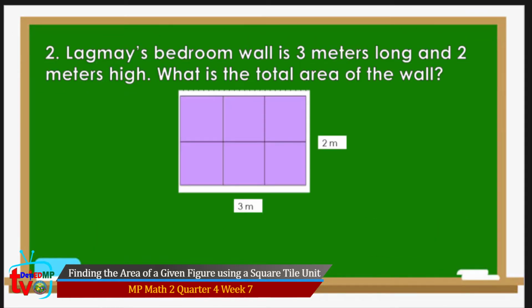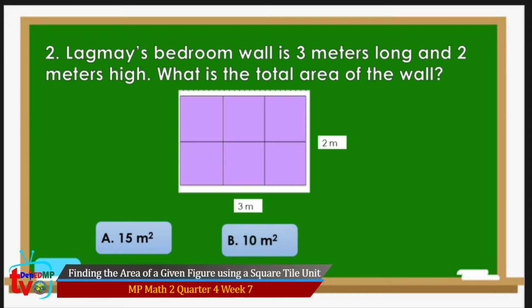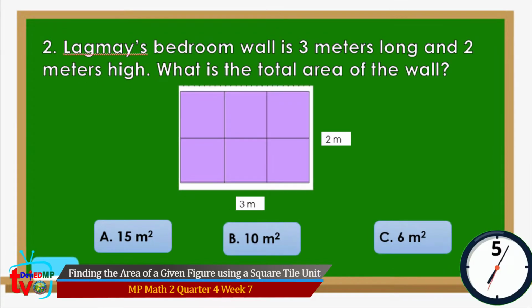Number 2. Lagmay's bedroom wall is 3 meters long and 2 meters high. What is the total area of the wall? Is it A, 15 meters square, B, 10 meters square, or C, 6 meters square?